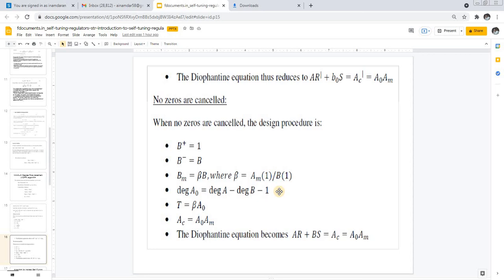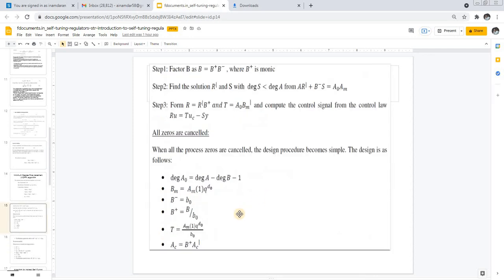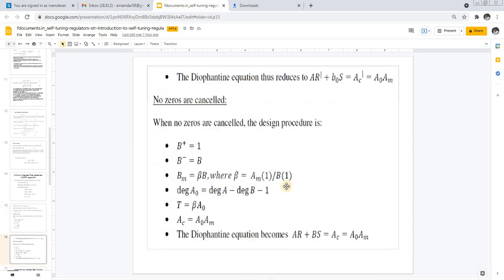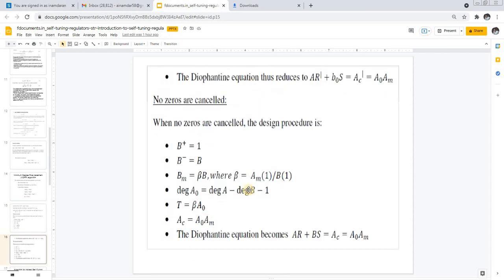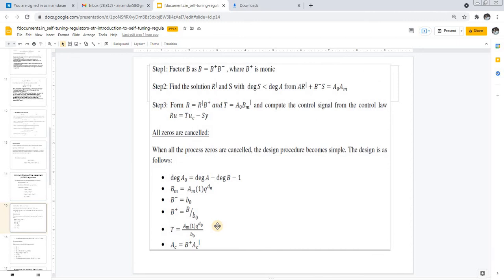After that, degree of A naught equals degree of A minus degree of B minus 1, as it is. Then the value of T becomes beta into A naught, where beta is Am(1) upon B(1). The closed loop characteristic polynomial, this Diophantine equation AC, equals A naught Am, as it is.